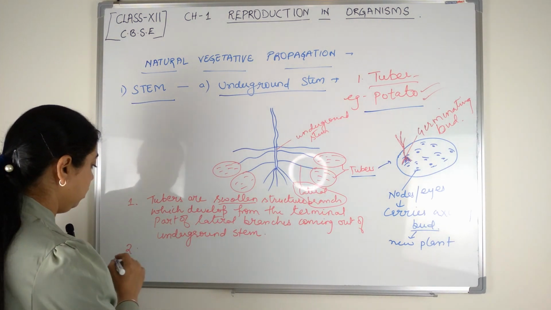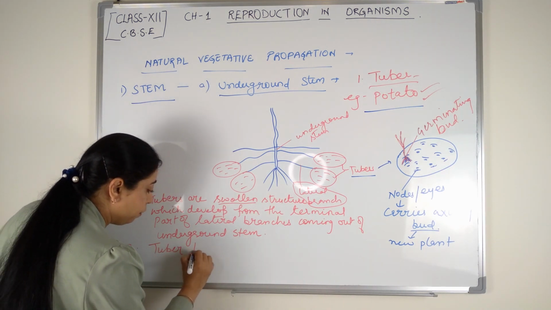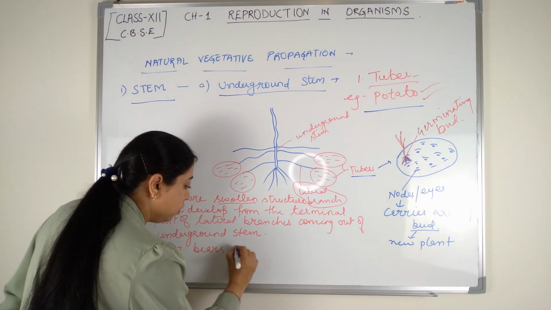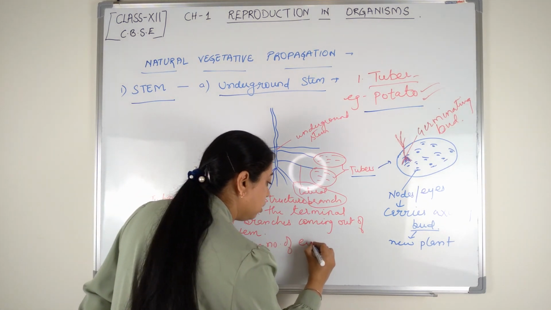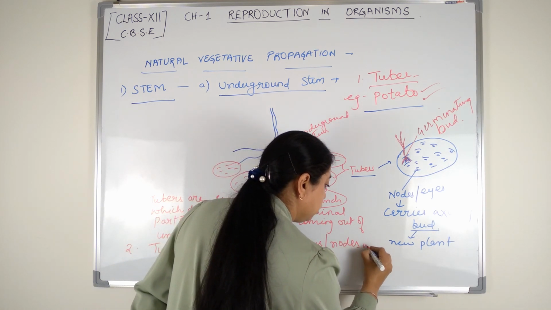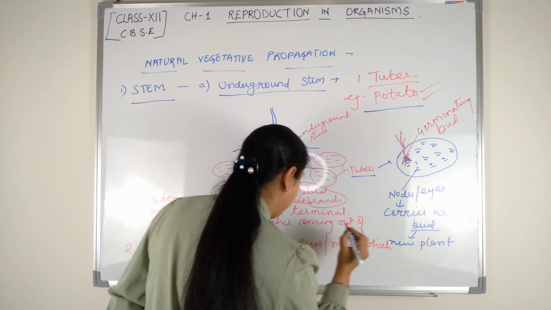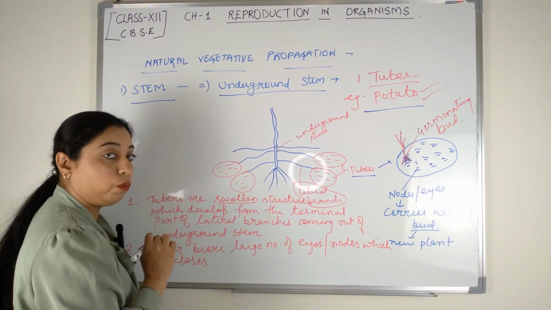Then secondly, the tuber bears a large number of eyes or nodes which enclose what?